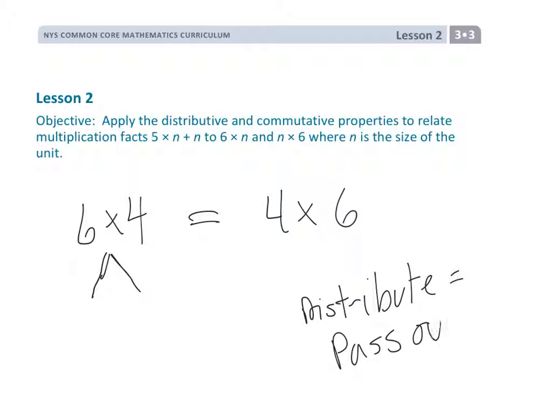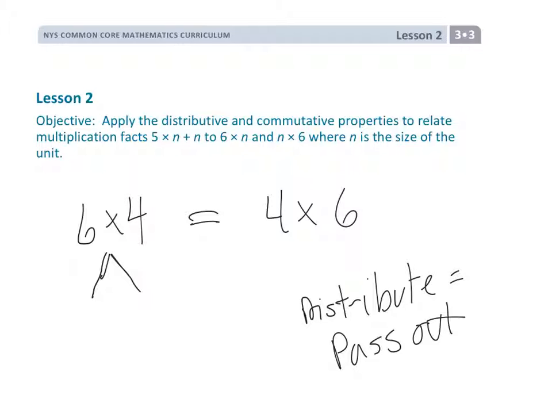So when we distribute, we pass something out. When we have the iPad committee pass out the iPads, we're having them distribute the iPads. When we distribute pencils, we're passing out pencils. So distribute means to pass out.